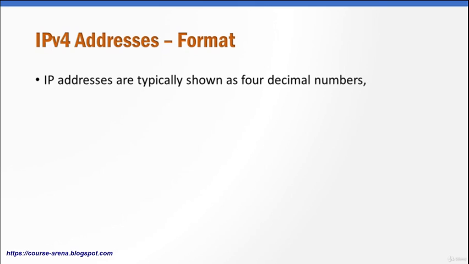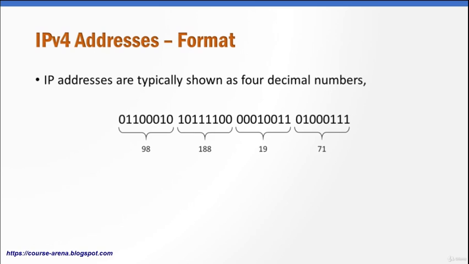An IPv4 address is typically shown as 4 decimal numbers, which we can see here. So this is the example from the previous slide, and these are the decimal values of the same example. And these are the octets. We count the octets from left to right.